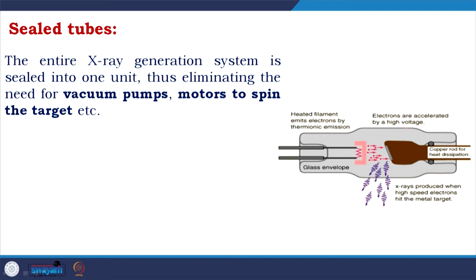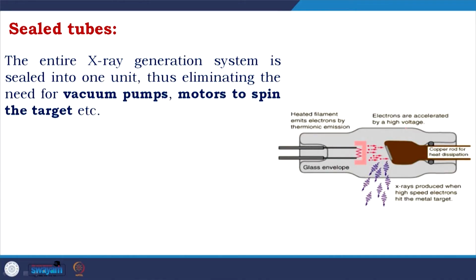The entire X-ray generation system is sealed into one unit, thus eliminating the need for a vacuum pump and a motor to spin the target. So, we talked about different aspects. First, the generation of electrons, then using it to speed up, focusing through the cathode.